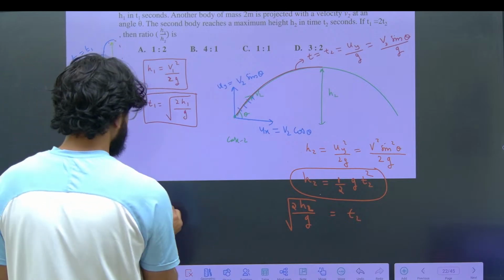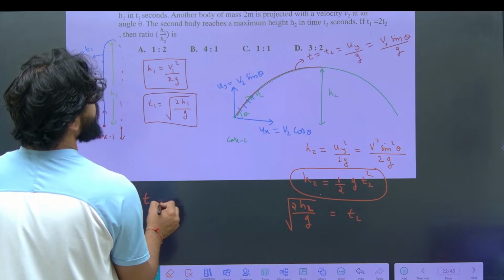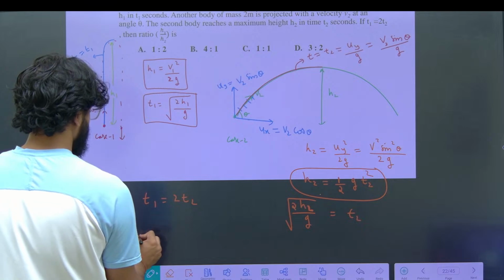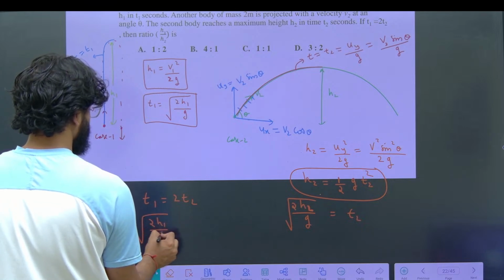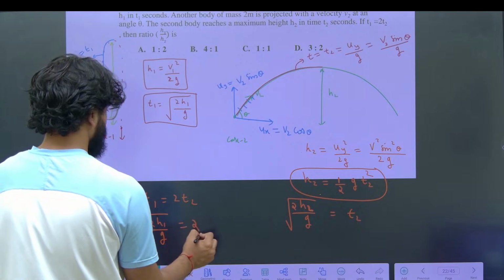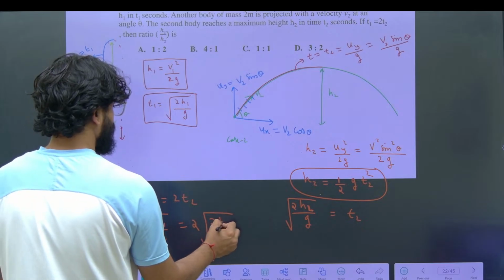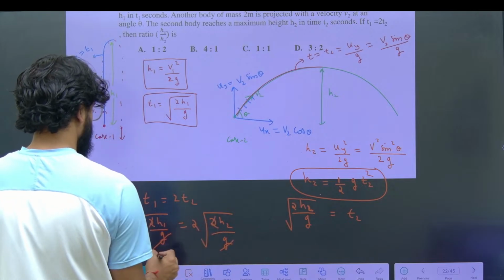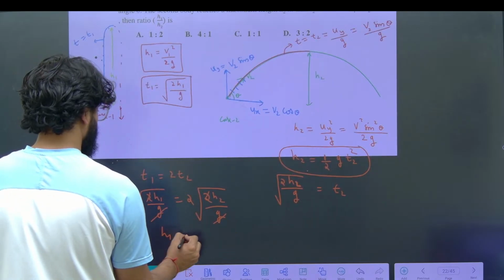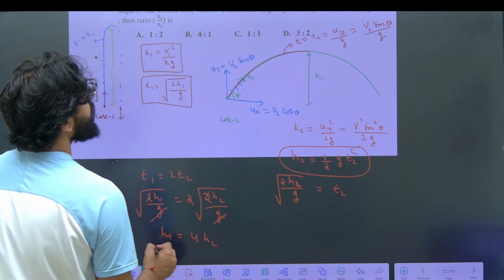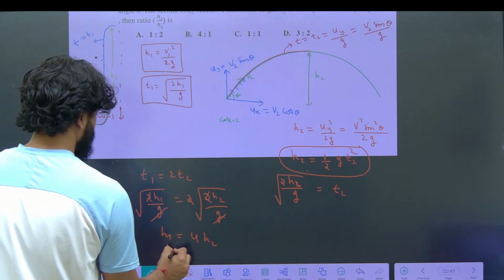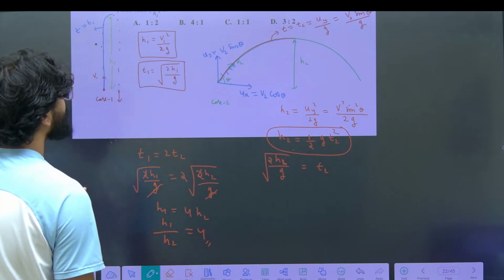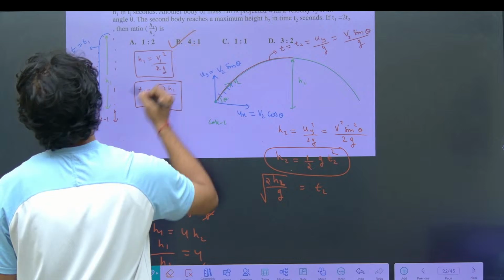So T1 is under root 2H1 by G, and it is 2 into under root 2H2 by G. Square it, H1 equals 4H2, and they are asking H1 upon H2. It will come out as 4. Okay, so the answer over here should be Bombay.